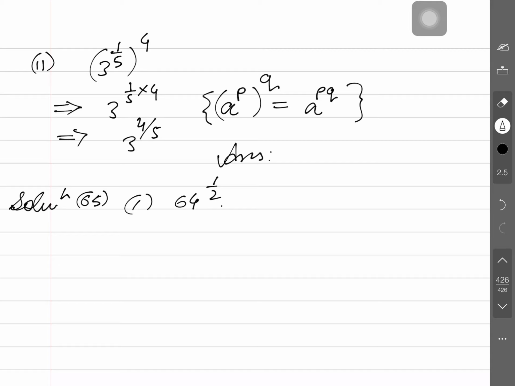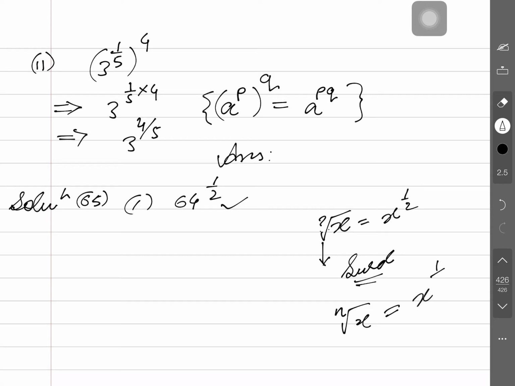Before simplification, I just want to tell you that this is called a fractional power. Sometimes it is written as x under root. This could be written as 1 by 2. This is called a surd. Surds, or here the power is written, is called fractional indices. It could be written as 1 by n.